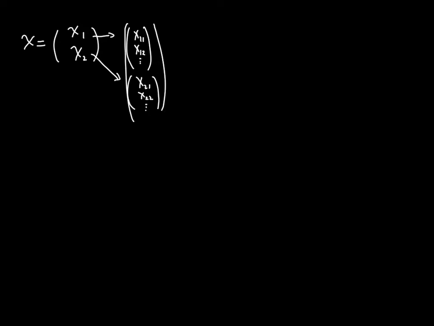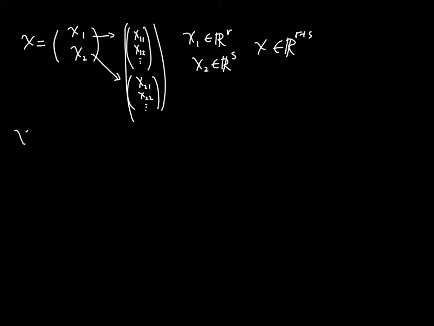We say that x1 is in R space and x2 is in S space. Then x is the combined length of both, so it's in R plus S dimensions.